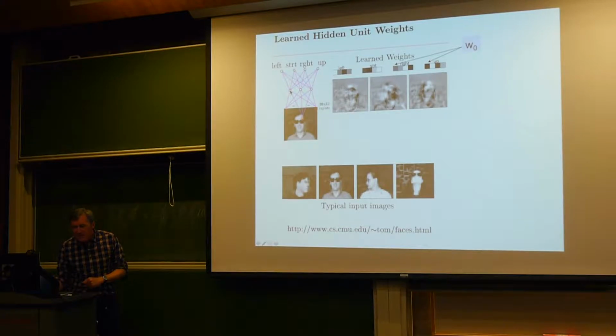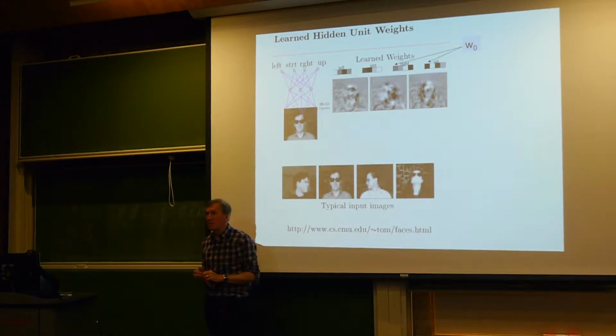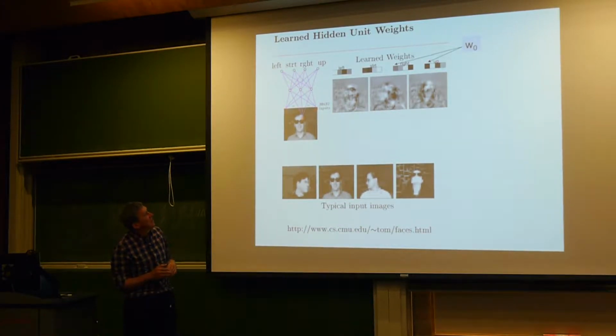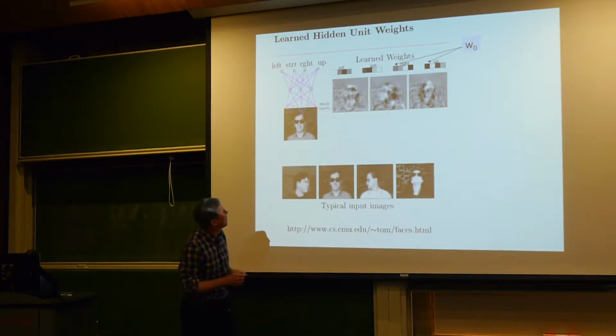We could look at what it's encoding by looking at the weight values from each of the input pixels to that hidden unit. Those weight values are shown here. And for this hidden unit, those are the weights. And for this hidden unit, those are the weights when we display them in the same location where the pixels would be. So you see these kind of weird ghostly face-like displays of weights.